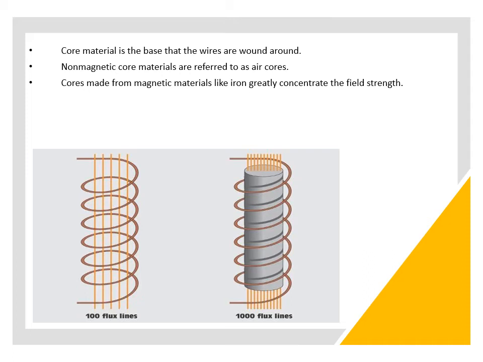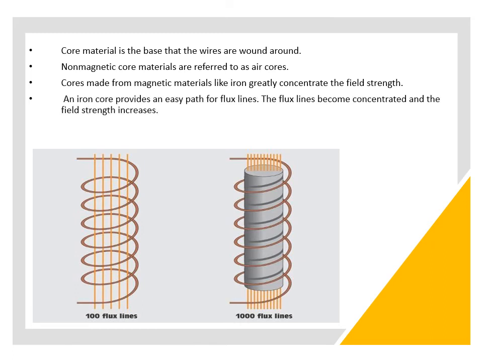These magnetic materials will concentrate the flux, which greatly increases the magnetic field strength. An iron core provides an easy path for lines of flux to set up. And so what it does is it takes all of the flux and concentrates it in one place, so that we have a high flux density. A higher flux density means that we have a stronger magnetic field.